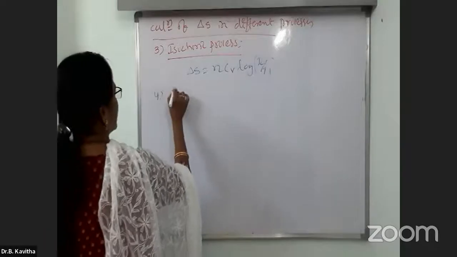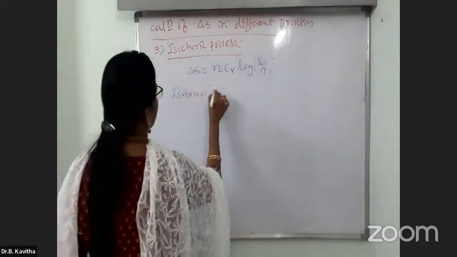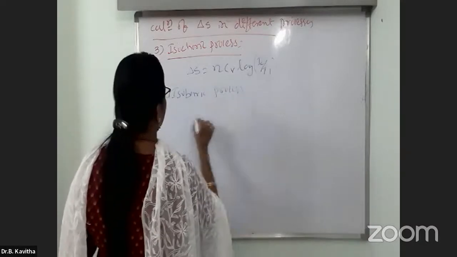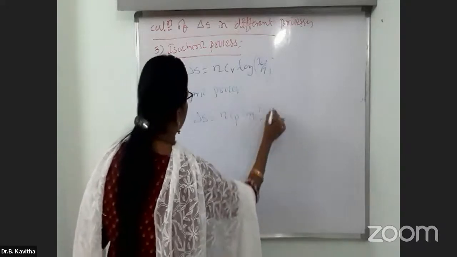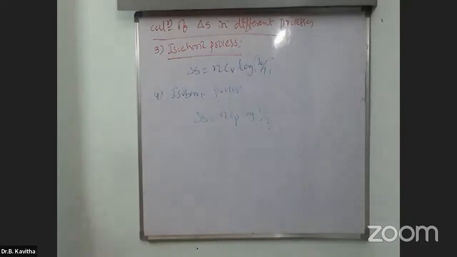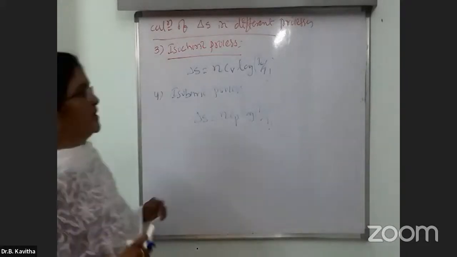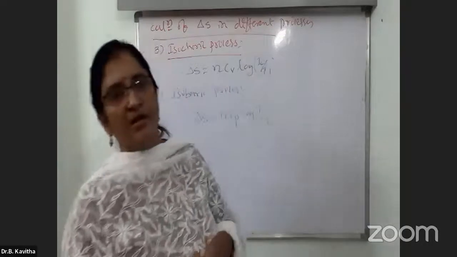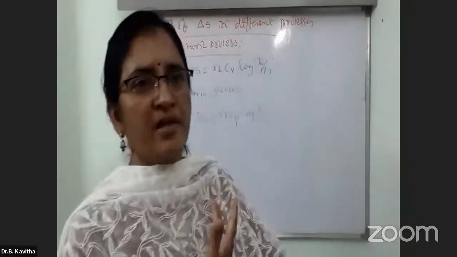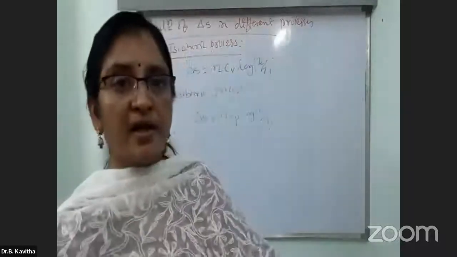Whereas in the isobaric process, delta S is equal to nCp log T2 by T1. So just you remember these equations. For a direct problem, you can use these equations. Again, you can find out the delta S value.